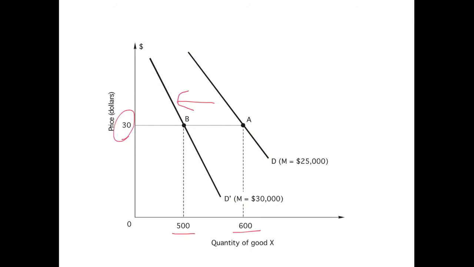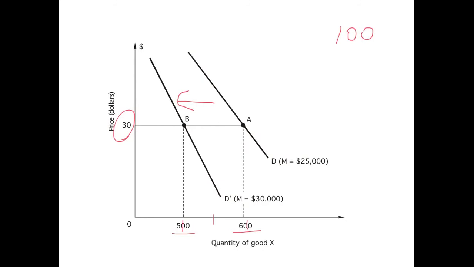So how do we compute income elasticity of demand? Well, first we take a look at the change in quantity demanded of good X. Quantity demanded has changed from 600 to 500, a difference of 100. And we're using, again, the interval or the arc or the midpoint approach here.